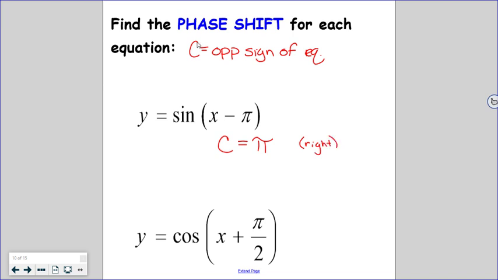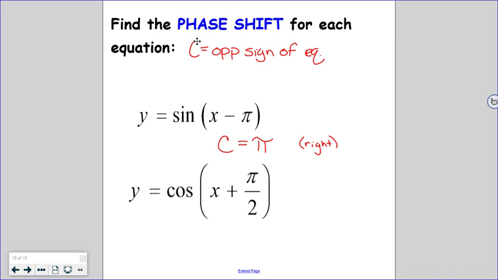Now, to be very clear, you are not allowed to say right pi or left pi. You have to put the correct sign on them. So just make sure that you're doing that. Okay. Go ahead and identify the second one. Correct sign, like on this next one.